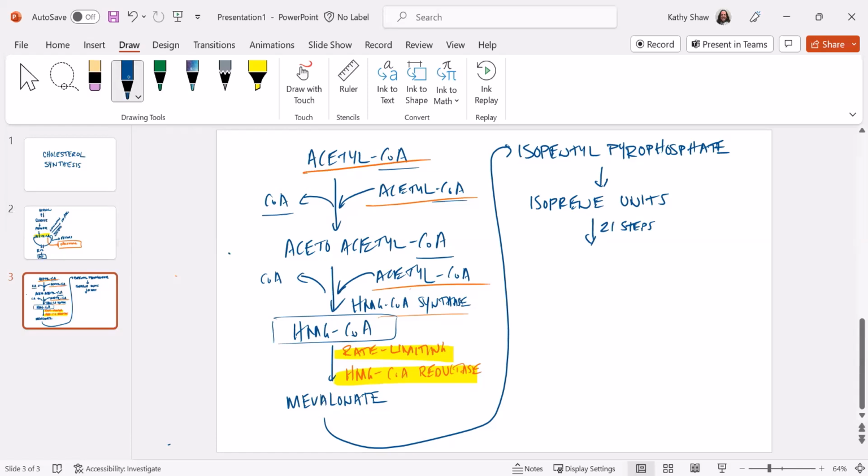We'll go back and talk about a mnemonic that's helpful with the type of questions you tend to get asked on that. So in those 21-ish steps, depending on how you divide them, you make a molecule called squalene. Squalene. Tomato, whichever way you want to say it. So we take the squalene, we take that to 7-dehydroxy cholesterol.